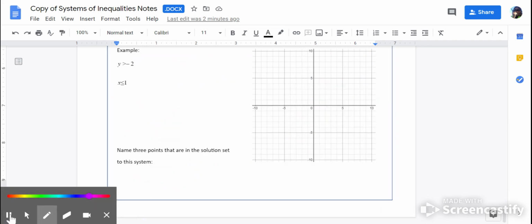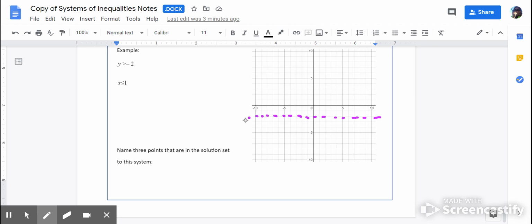For the last one here, y is greater than negative 2, so I come to negative 2. It's just greater than, so it's going to be a dotted line. Then we have x is less than or equal to positive 1. It's a solid line, x equals 1. Okay.